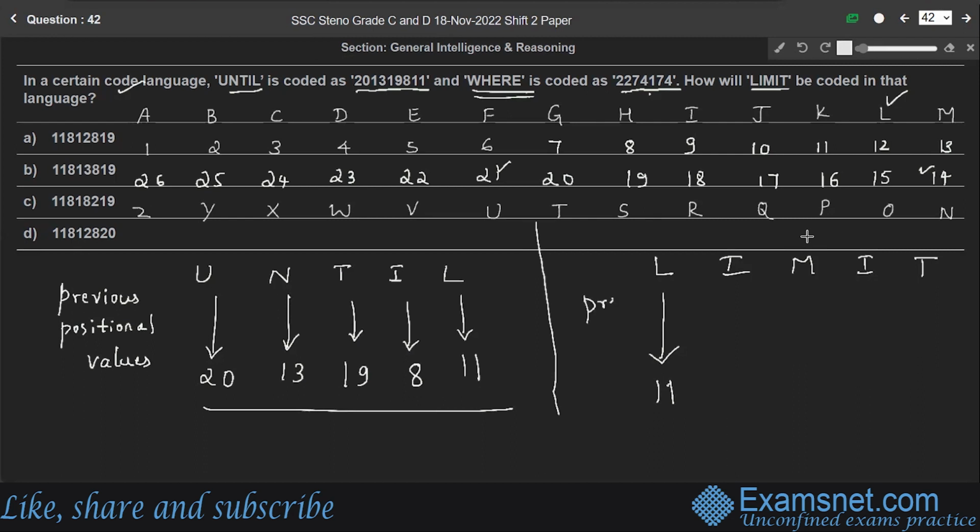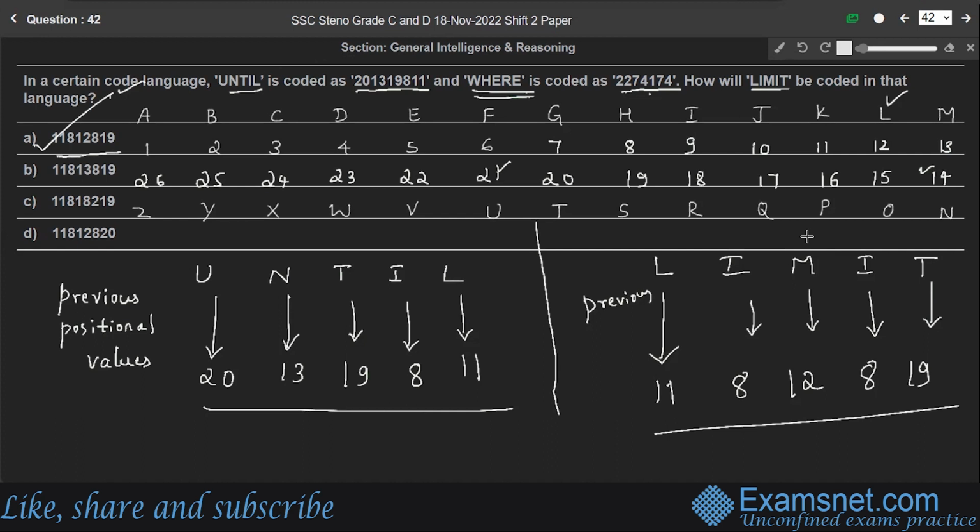I is 9, its previous value is 8, and M is 13, its previous value is 12. Again, I is 9, its previous value is 8, and T is 20, its previous value is 19. Therefore, 11, 8, 12, 8, 19. Option A is the code for LIMIT.